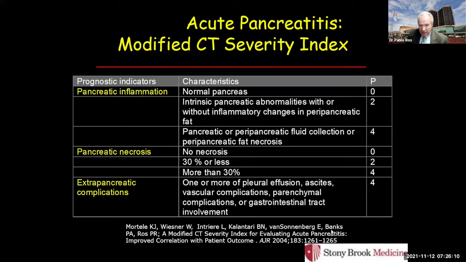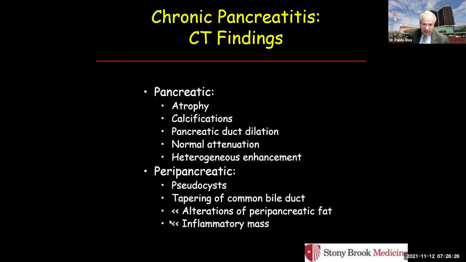And Dr. Banks, the gastroenterologist, wanted to have a reliable severity index that among all the radiologists would not increase or decrease the severity index.